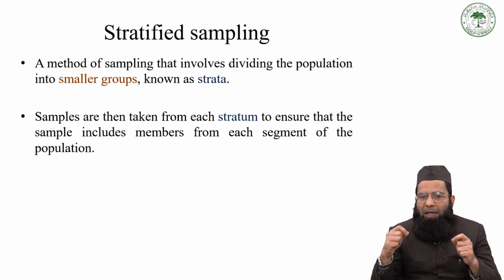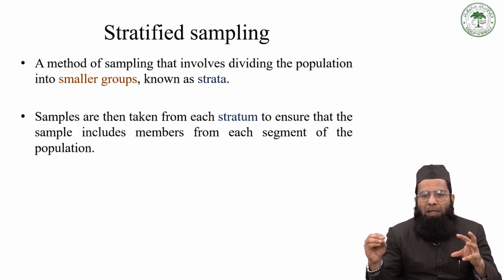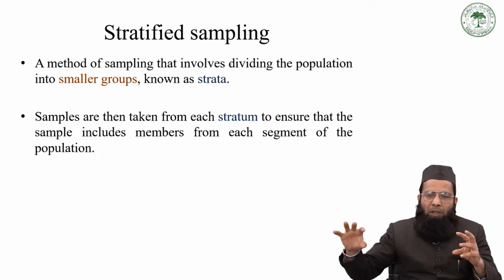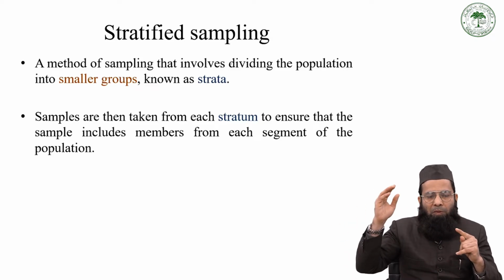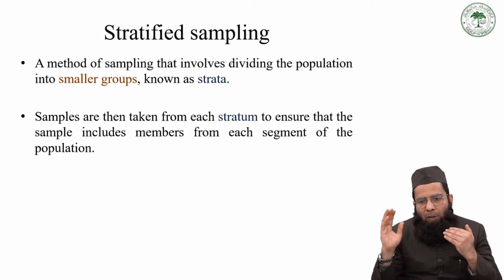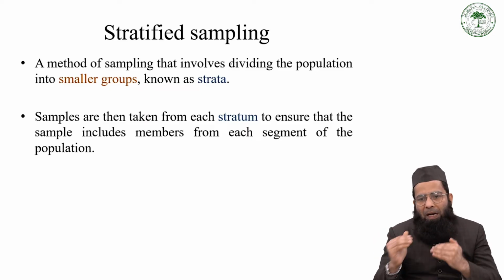So we can divide the entire student population into different strata. For example, low, medium, high. So we can divide the whole student population into different groups, right? Belonging to the low economic zone, medium, high.